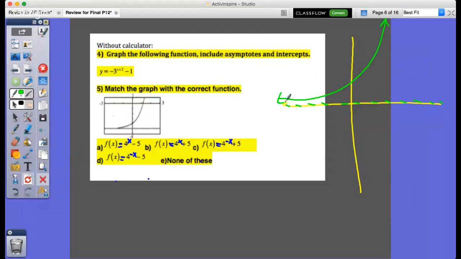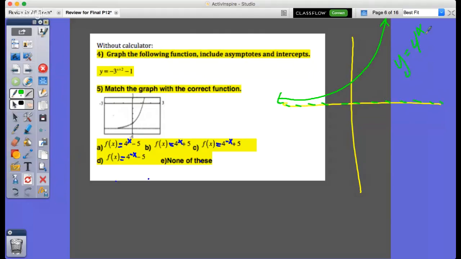Okay, so we're going to pretend that this graph is a y equals 4 to the x graph. I know it's not perfect, and that's okay, but we recognize that 4 to the x is what we're focused on. But the question is, what transformations are occurring?